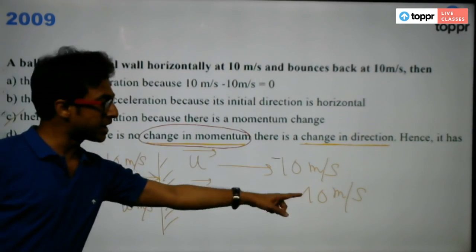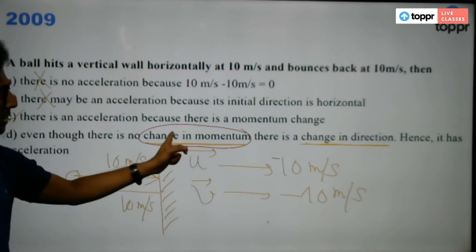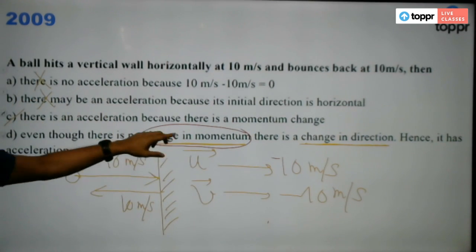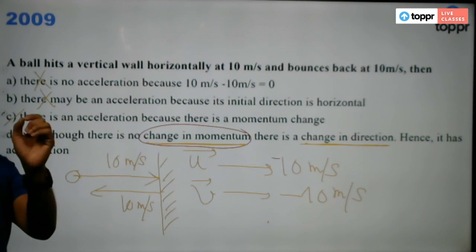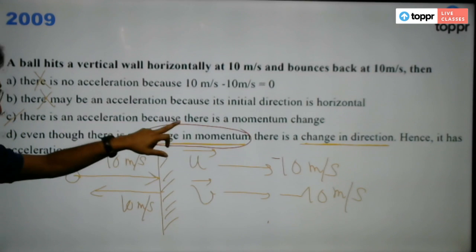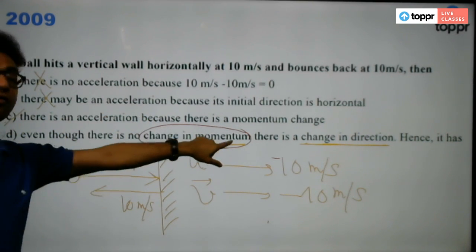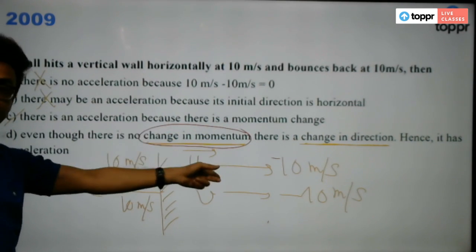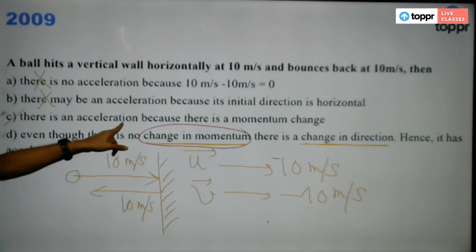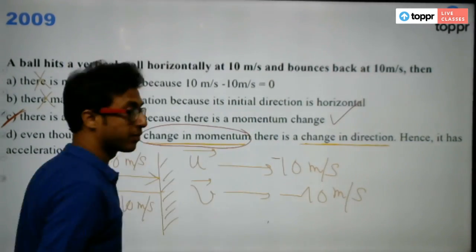If velocity changes, momentum should change. When momentum changes within a certain time, force is nothing but the rate of change of momentum. Hence a force is generated, and if there is force, there will be acceleration. So only C is right. Others are false.